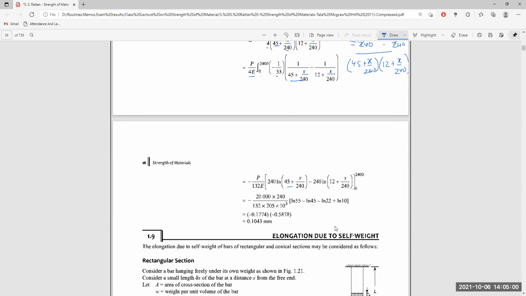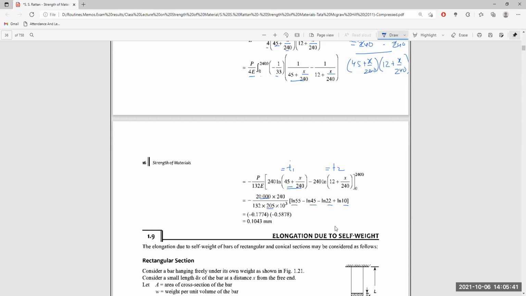If we take this thing as t1 and this as t2 and integrate, 1 by t integrates to ln t, and then we put the limits of integration 0 to 2400. It takes this particular form, and if we put 2400, this reduces to this area. We put the value of P here, the value of E here, and 33 and 240 as they are.